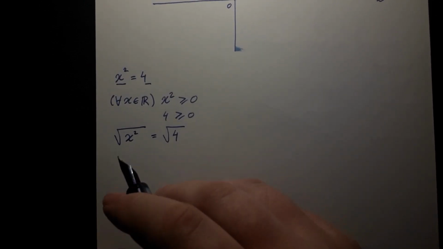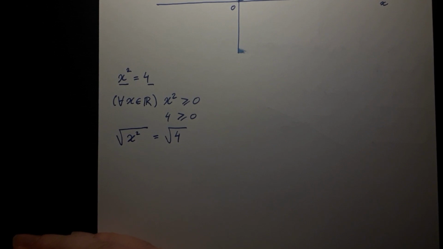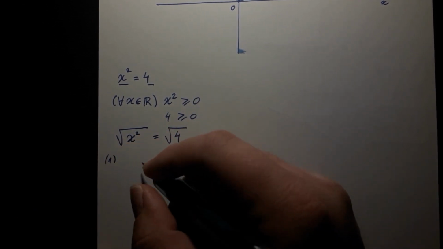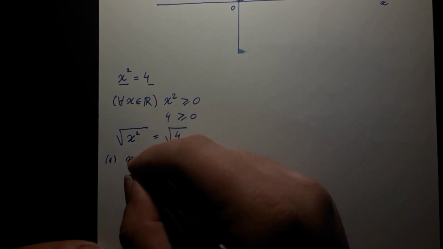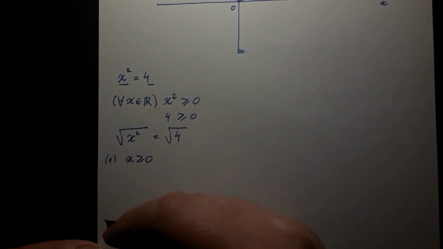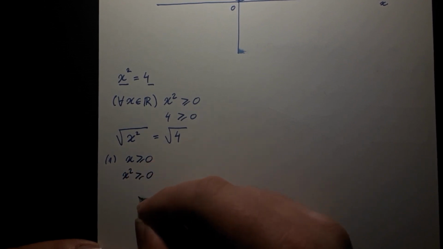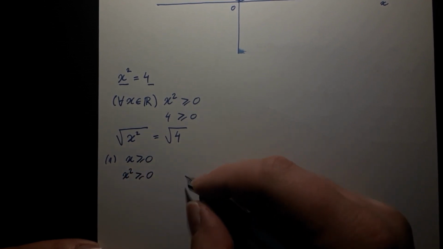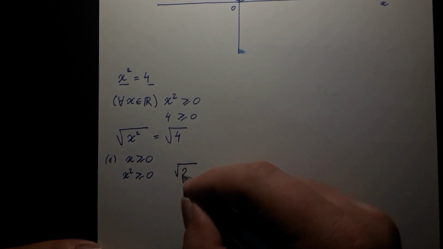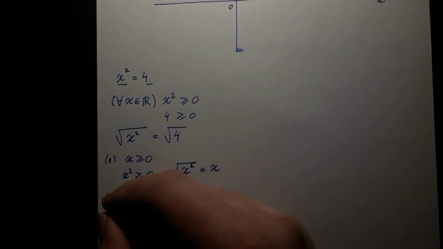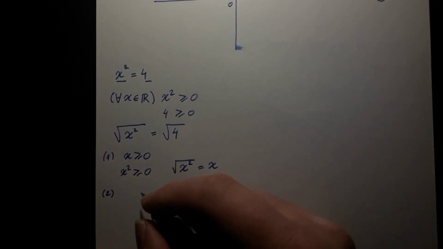Now, because x is a real number, we have to take two cases into account. The first case is for x larger or equal to 0. We have that x squared is also larger or equal to 0, and then we have that the square root of x squared is equal to x. The second case is for the number x smaller than 0.